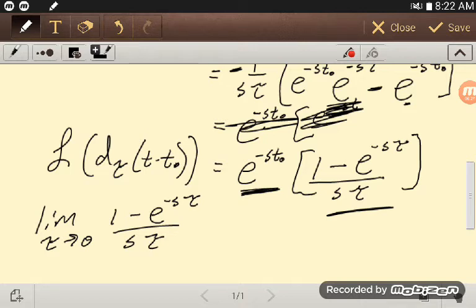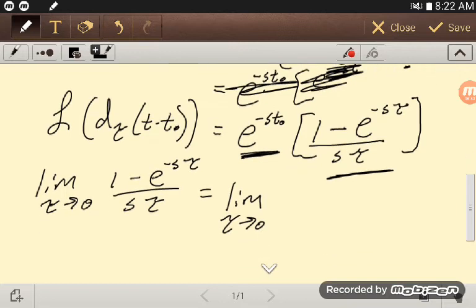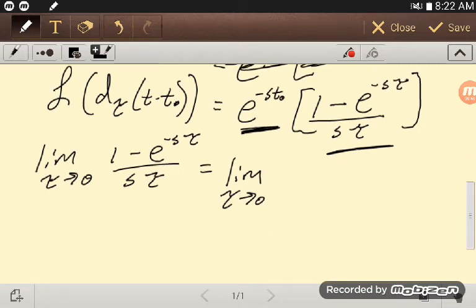Well, if I just plug in tau, I get 1 minus 1, so I get 0, but on the bottom I get 0. 0 over 0, that looks like a good time to use L'Hopital's rule. So this is the limit as tau goes to 0 of, take the derivative of the top, and I get s e to the minus s tau divided by the derivative of the bottom with respect to tau, so I just get s.